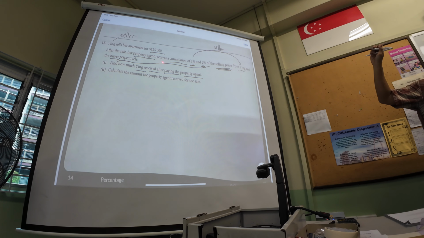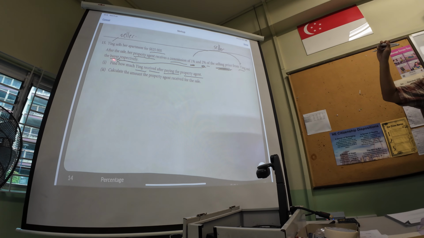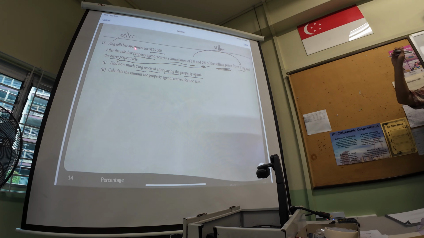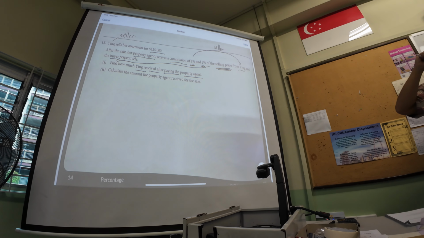He is also working as an agent for the buyer in this story. That's why this agent received 1% from the seller and 2% from the buyer. Good question. Wei Kiat is paying attention. At least he is asking why there are two different commissions.